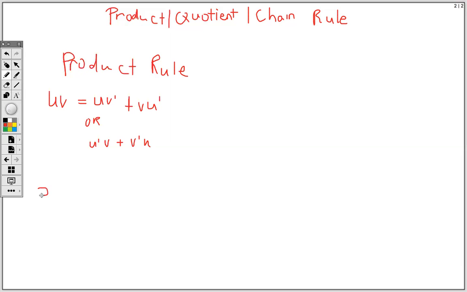Now, say for example, we have x squared cos x. So I'm just going to say let u be equal to x squared and v be equal to cos x.